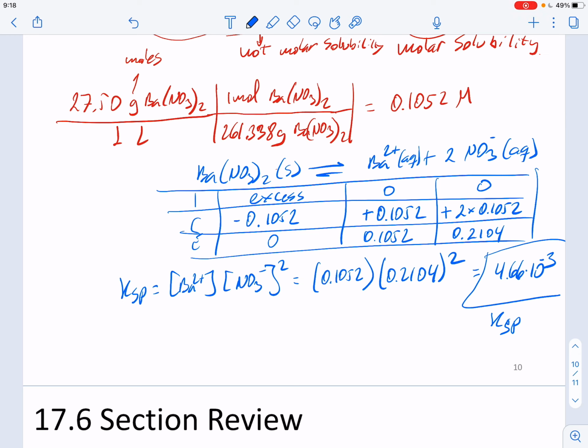For a 1 to 2 salt, this is a rather large Ksp. It's more soluble than many other things around, but it is not infinitely soluble.